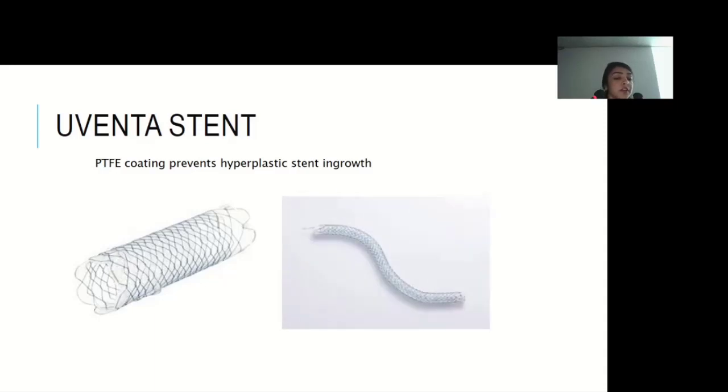One other problem with the Memocath stent was that they block easily because of tissue ingrowth. So the Juventa stent is a meshed stent. Meshed means they provide more rigidity towards the wall and are less prone to migration. And the second most important thing, on the inner side they are covered with a PTFE coating that prevents blockage of the tube by hyperplastic ingrowth of the ureteral tissues.